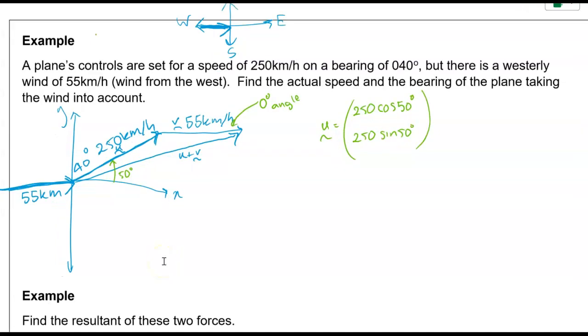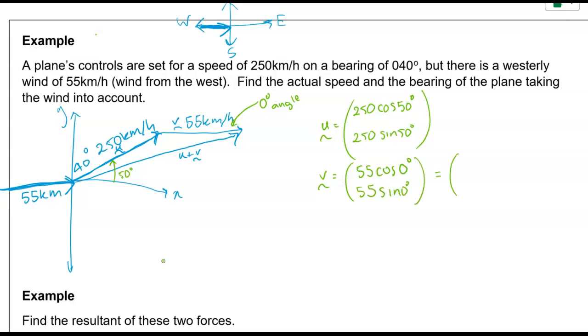Now, I can't do anything with exact value triangles for the 50 degrees, so I'm going to leave it like that for now. And vector v is interesting, isn't it? It's got an x component of 55, but it doesn't have a y component, but let's put it in as if it was. Let's go 55 cos of 0, 55 sine of 0.